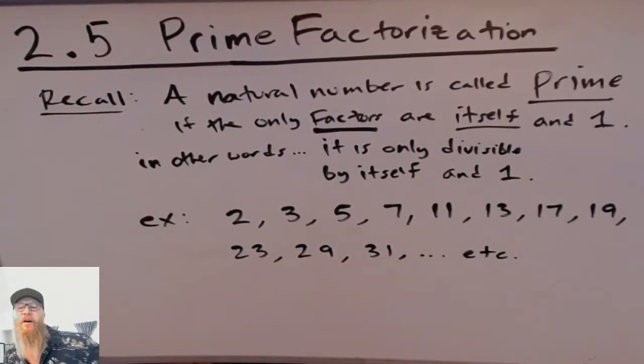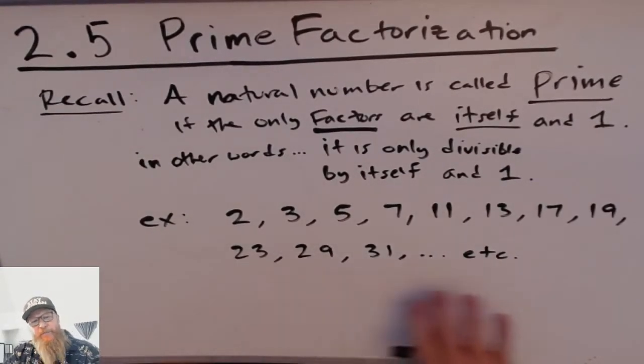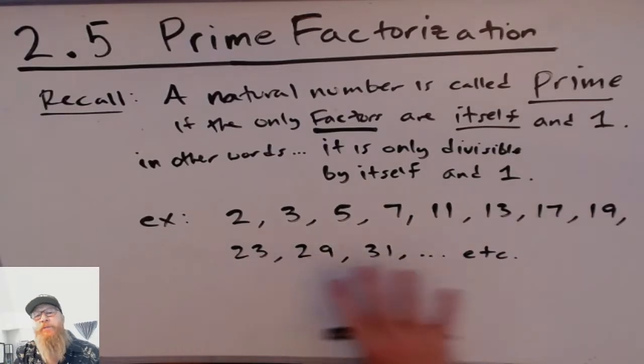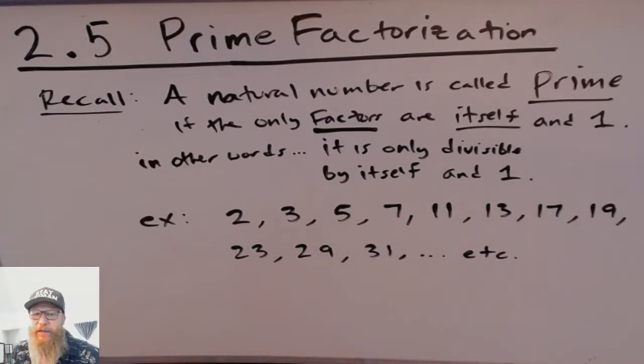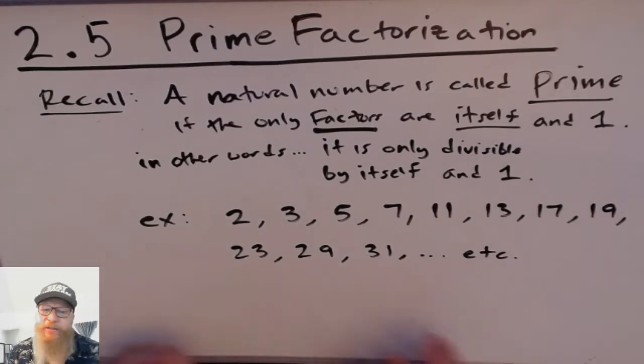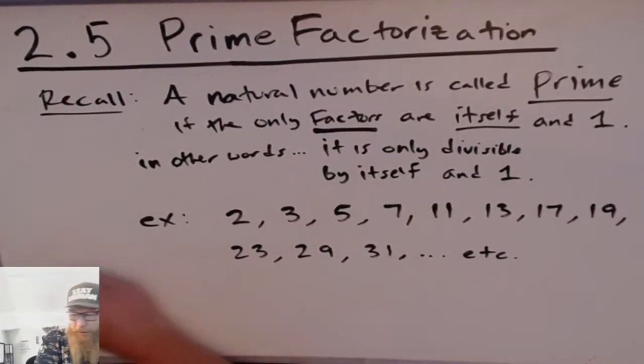The list goes on forever. There's an infinite number of primes. That is a story for another day. For today's lesson, you could probably get away with just knowing these primes. Rarely are we going to get much larger than that, unless we were to dedicate an entire semester to prime number theory, which is a whole other story.